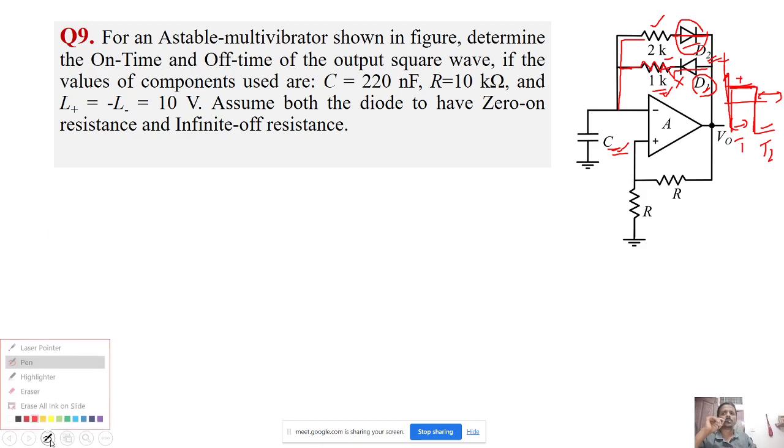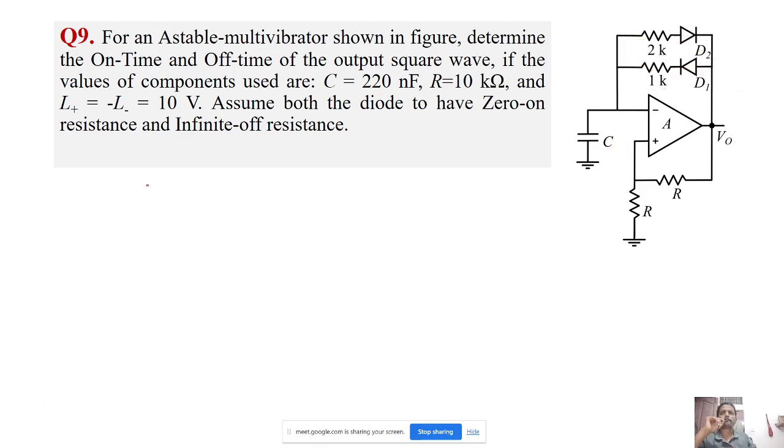That's it. So we can say that when V0 equals plus Vsat, D1 is on and D2 is off.